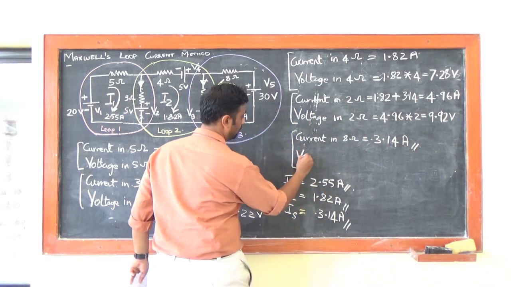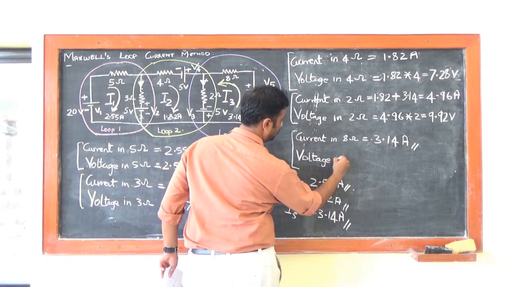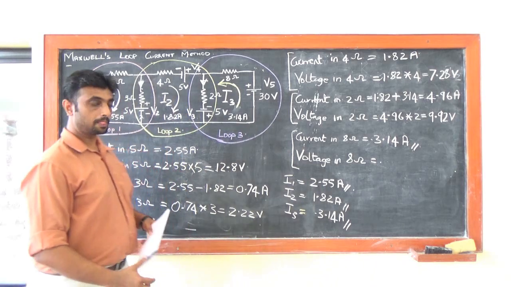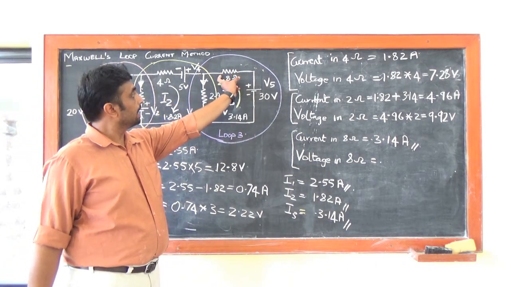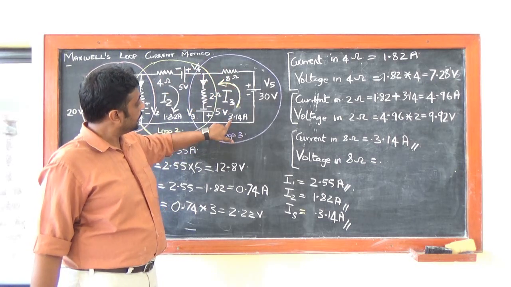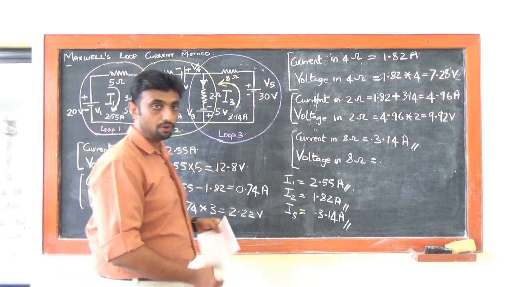Now voltage. As I told you, voltage equals I into R. V equals I into R. I is what? 3.14. Resistance value is what? 8 ohms.